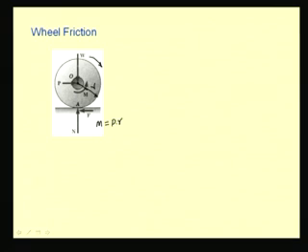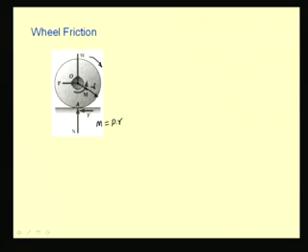We can see that W is balanced by N, and the moment M is balanced by the moment due to this force P, that is P into r. But when we sum the horizontal forces, if this force F is not there, then this force P is unbalanced, and in that case, rather than rolling, this wheel will start sliding and this point of contact will just start moving like this.